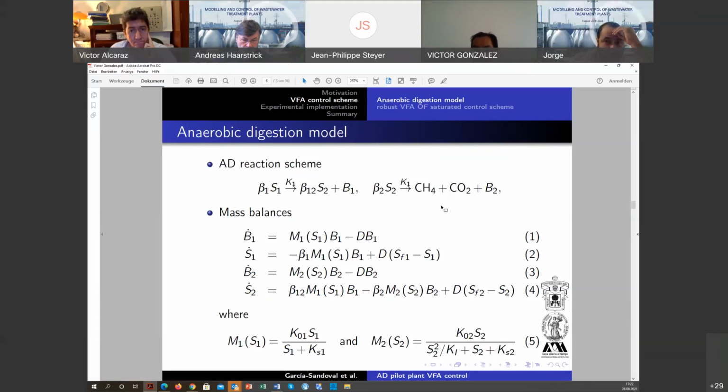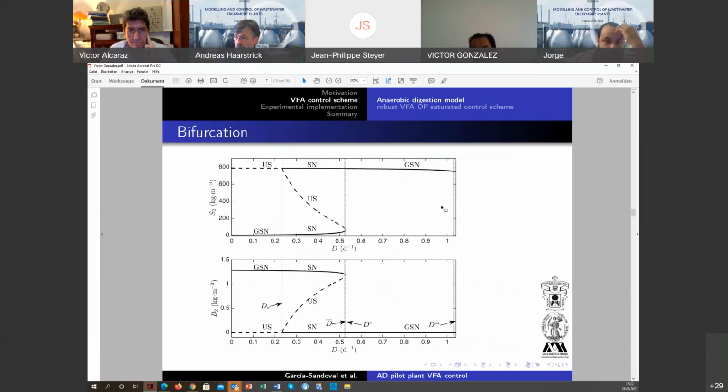In this expression, we include the effect of the inhibition, which leads to accumulation of volatile fatty acids.